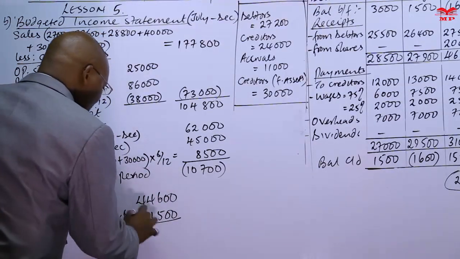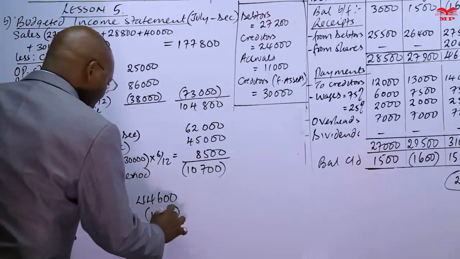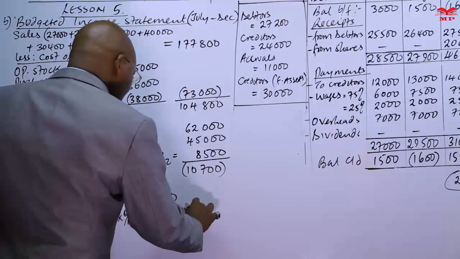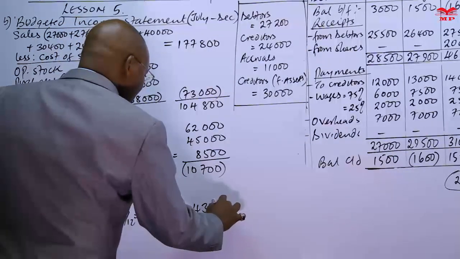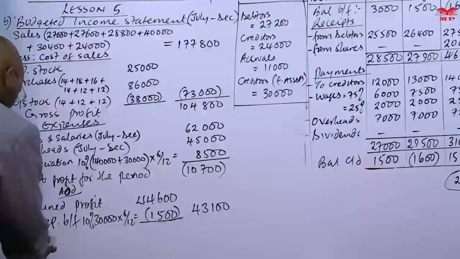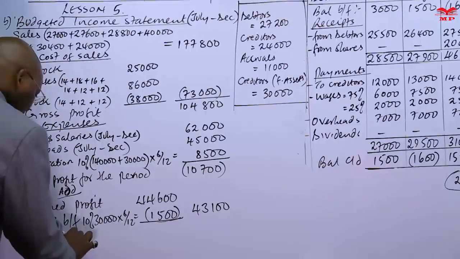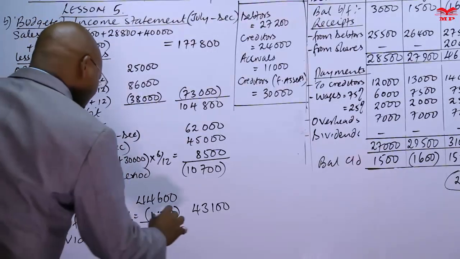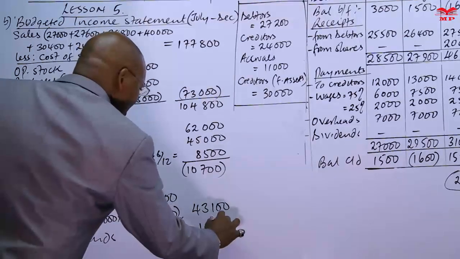So that now you can transfer the balance after adjusting, which is actually 43,100. Then we can less dividends. Dividends actually are 10,000. We can less 10,000 here, and that is it.